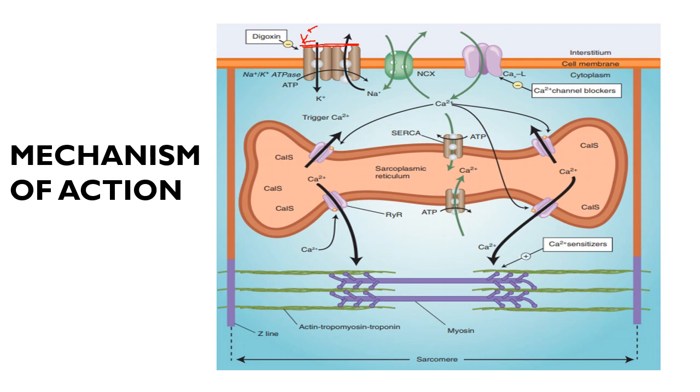So now you can think, if there is hyperkalemia, means the level of potassium is high in the extracellular fluid, then what would happen? More potassium would be available to bind, and it will not allow digoxin to bind to its site, and its action will not be that much.